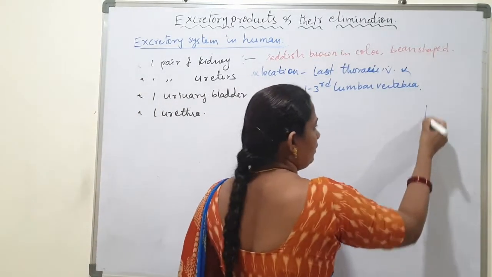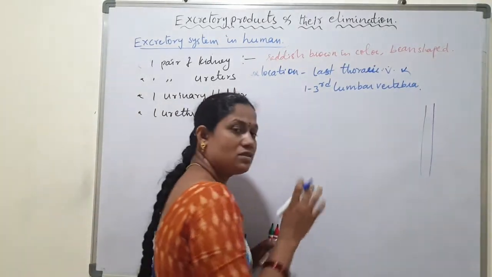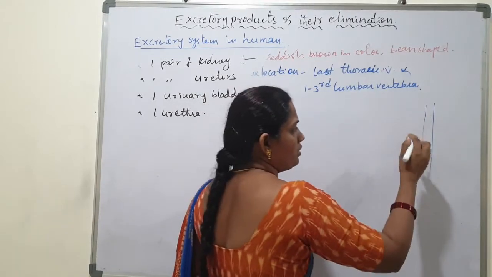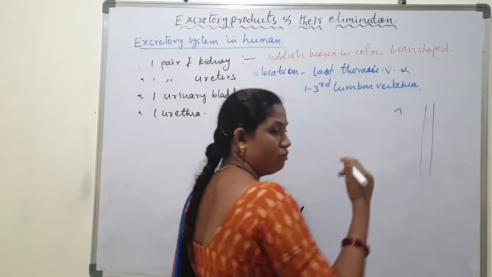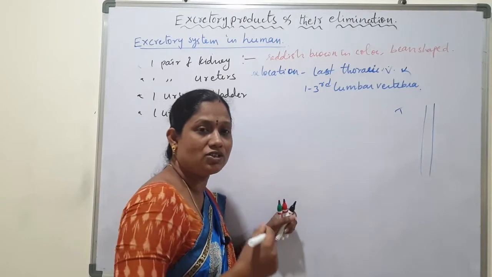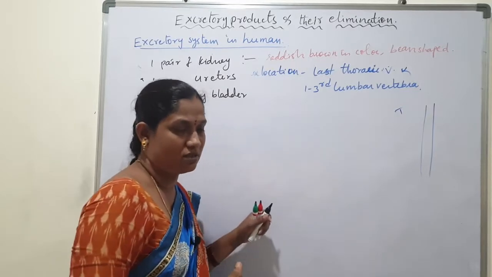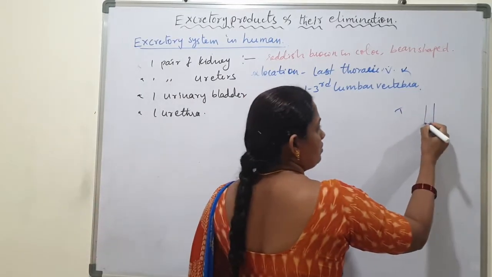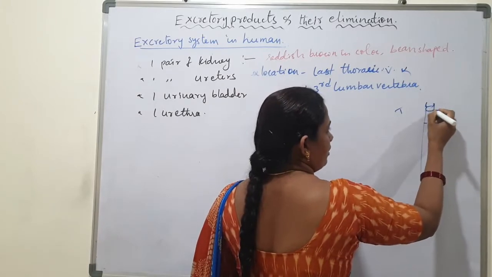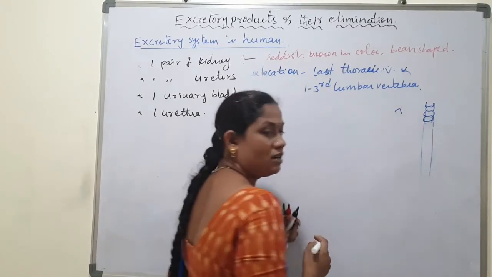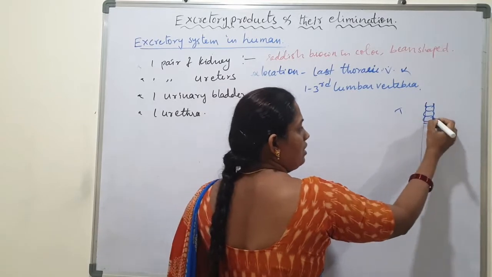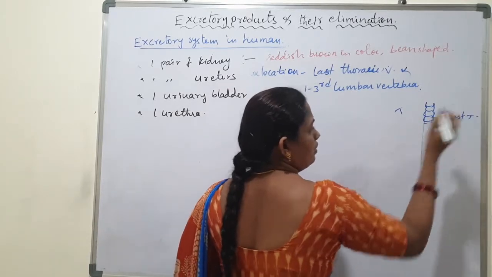For example, this is the vertebral column. It is divided into many regions: cervical region, thoracic region, lumbar region, and coccyx. These are thoracic vertebrae, and this is the last thoracic vertebra.